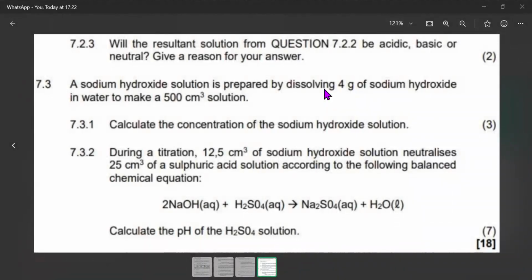So let's begin by finding the concentration of this sodium hydroxide solution. And for this one, I know I told you that I don't really like to use that formula for CaVa divided by CbVb equals Na over Nb.